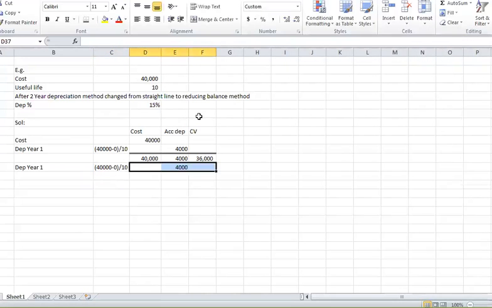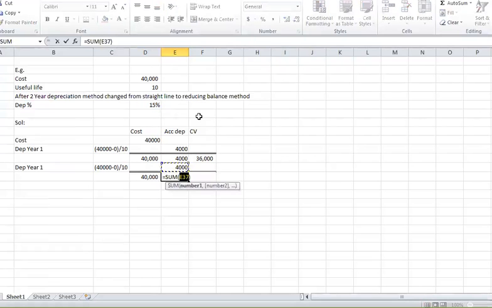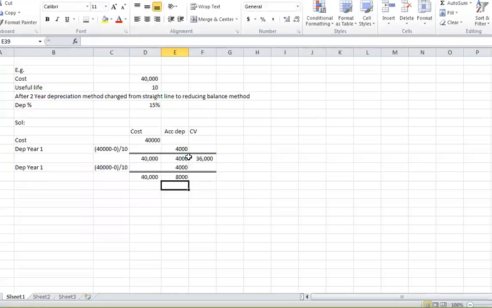So once again, total cost still remains same, 40,000, and accumulated depreciation is now 8,000, and carrying value is 32,000.